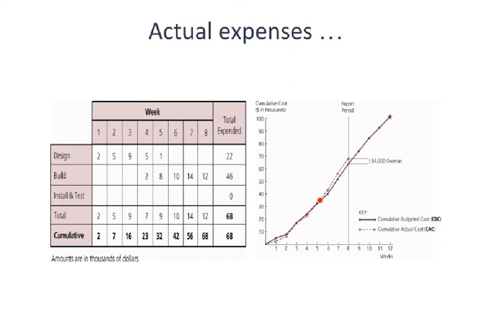And then all of a sudden at around week 5, we start spending at a higher rate than what we had planned. By the time we get to week 8, we have spent $4,000 more on the project than what we should have spent by that time in execution of the project.